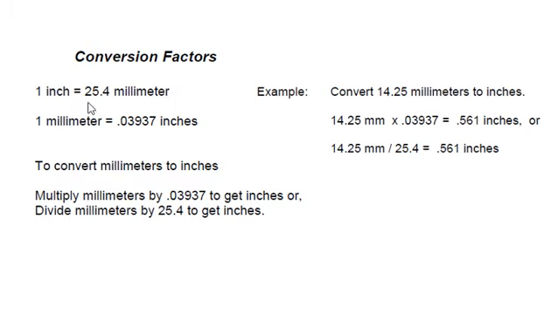So 1 inch we have 25.4 millimeters, and 1 millimeter we have 0.03937 inches. You wonder how did you get this number? You just divide 1 by 25.4 and that gives you that.